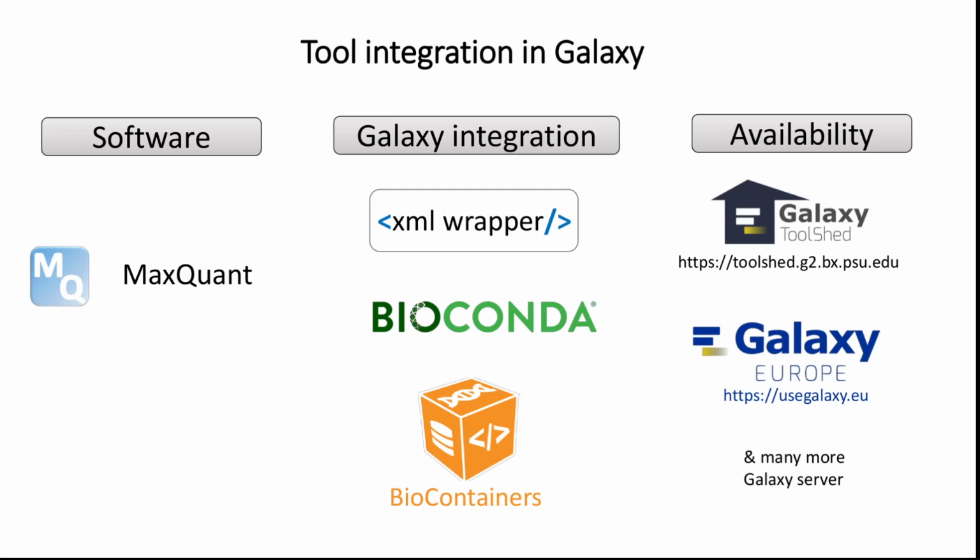The Galaxy tools are then available via the Galaxy ToolShed, and from this central app repository, all the Galaxy servers that exist can decide which tools they install on their Galaxy platform. The European Galaxy server has installed most, if not all, available Galaxy proteomics tools. But they are also available on other public Galaxy servers.